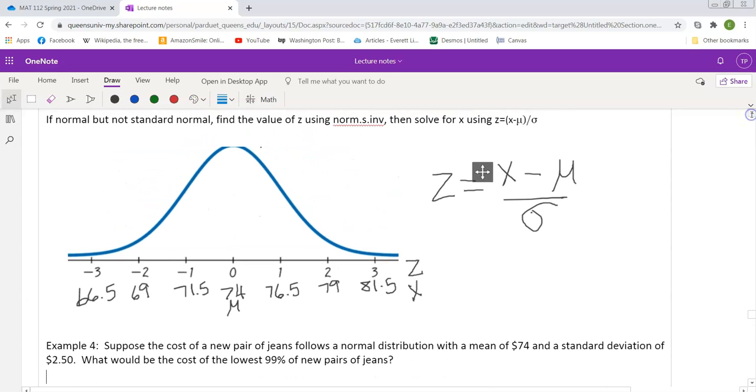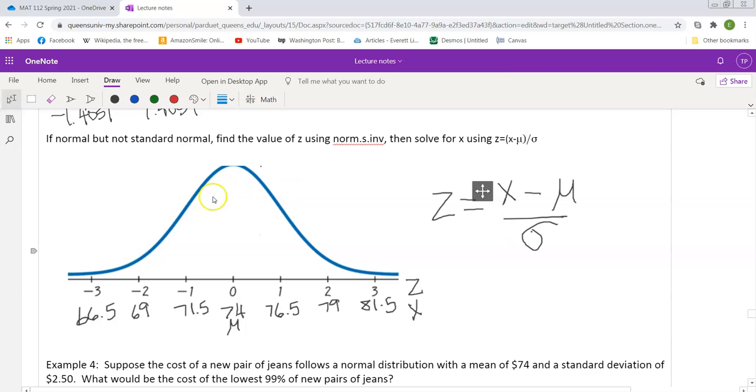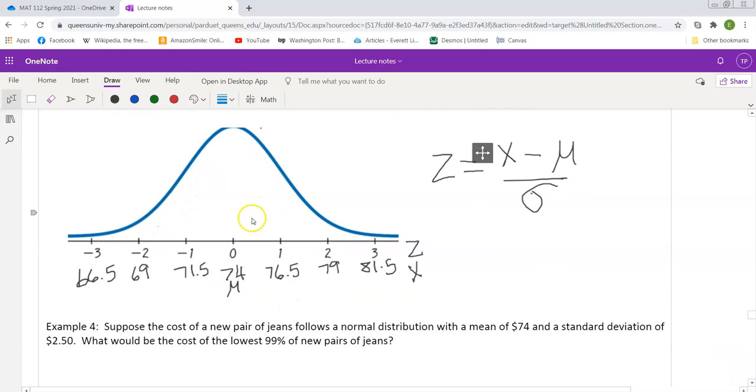And so what I did was, this is the same thing we drew a minute ago. I just put it down here. And we're going to look now at where that 99% would be. So the 99% is going to be somewhere up in here.